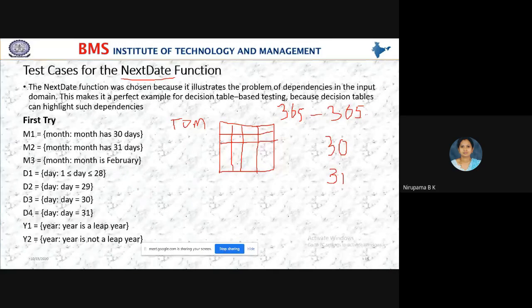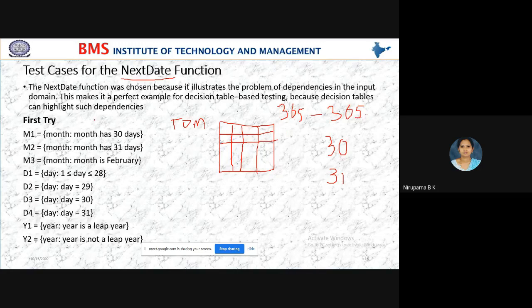So we have seen the program, the code also we have seen. So this is the reason why using this next day function, we can make a perfect decision table, and it is easy for us to do testing.